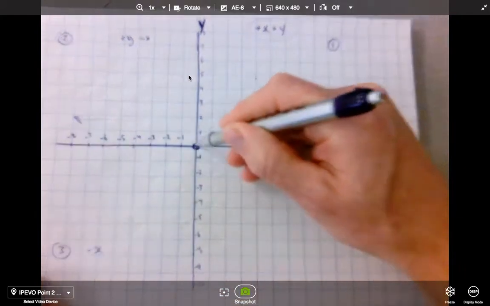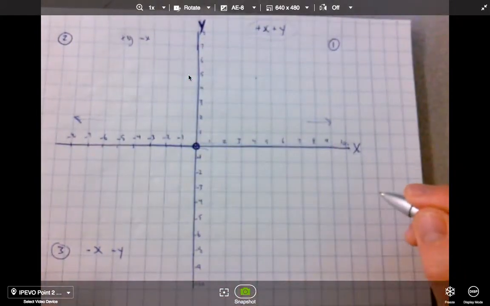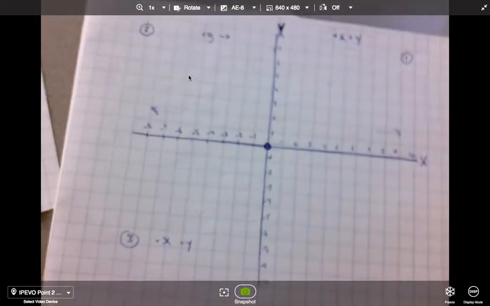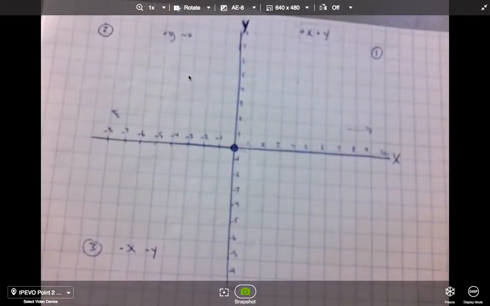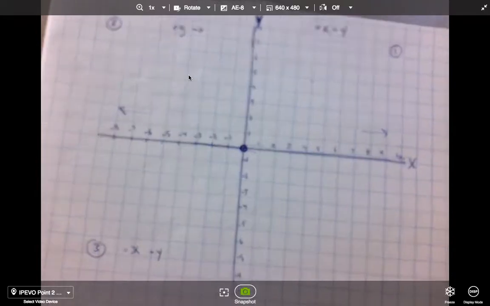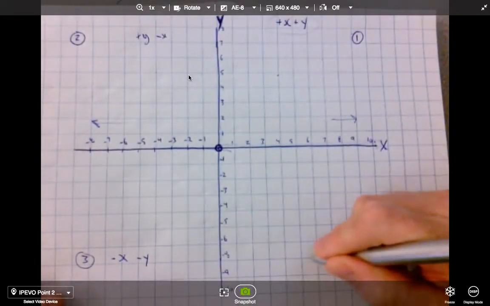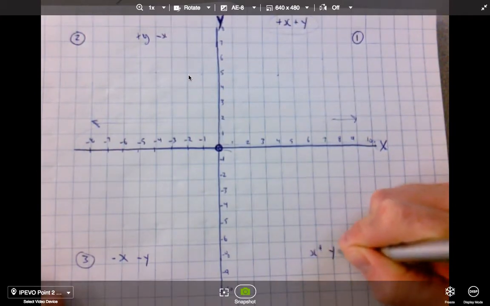Your x's are negative, and you're also underground, so your y's are also negative. And this is important for when you guys are doing rotations next week. And then in the fourth quadrant, the x's are positive and the y's are negative because you're underground.